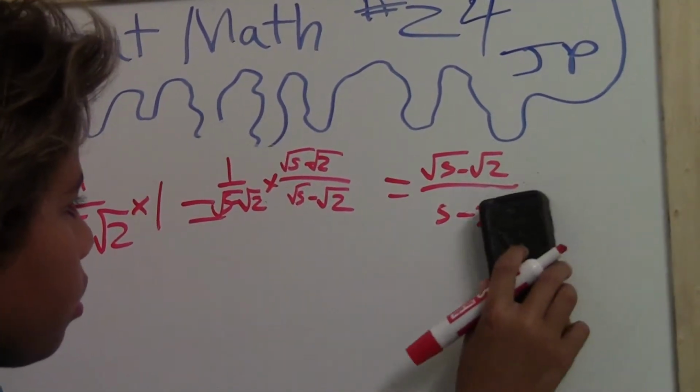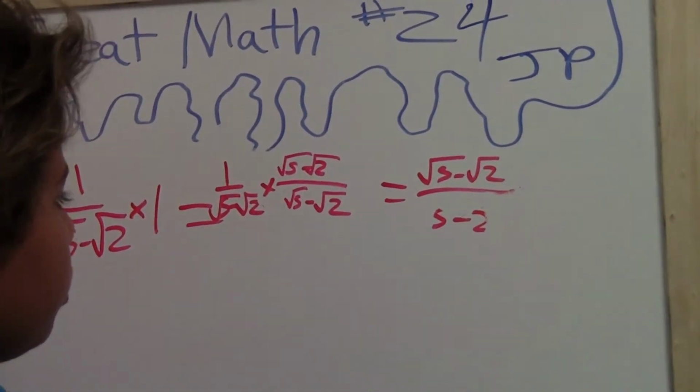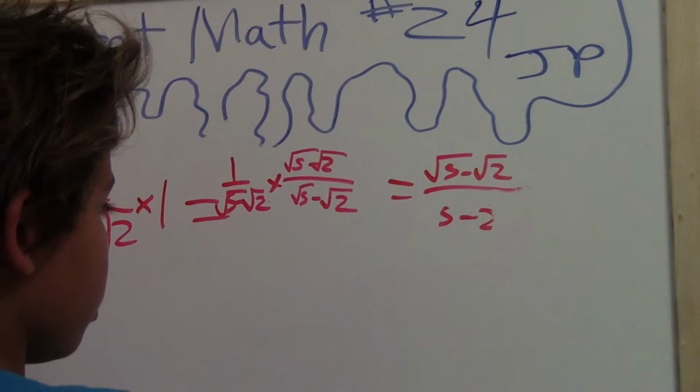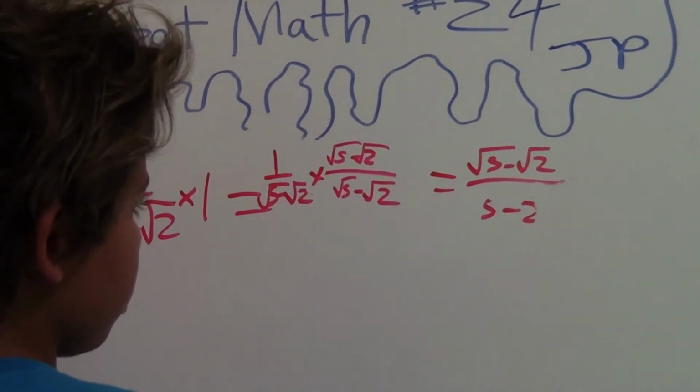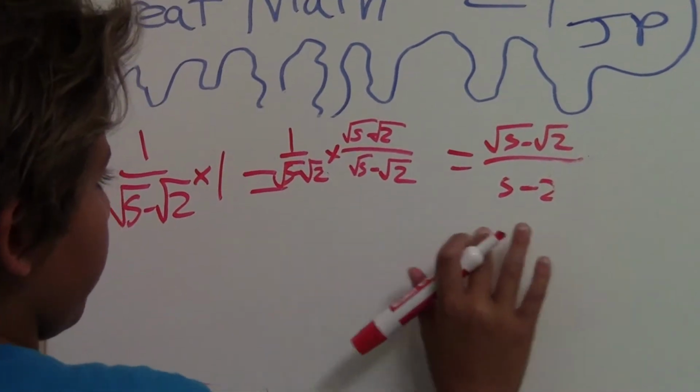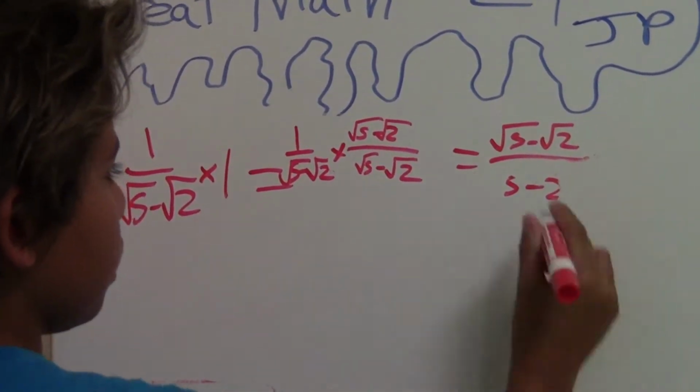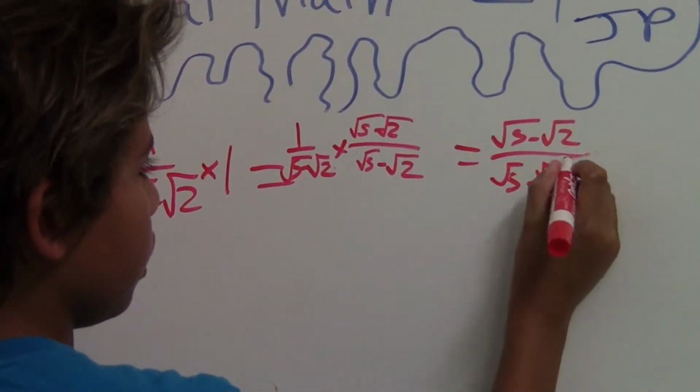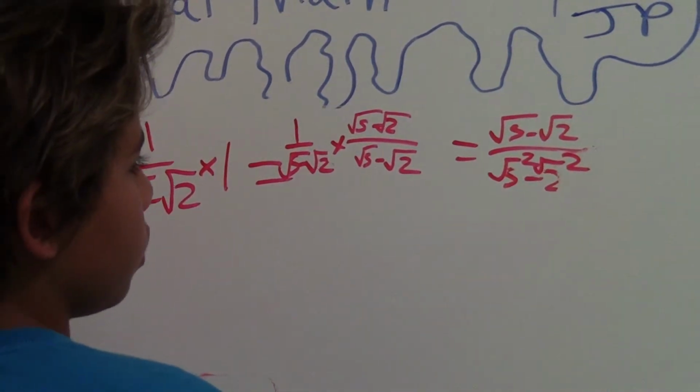Squared is not equal to 5 minus 2, because you remember, square root of 9 plus square root of 4 is not equal to square root of 13. So you cannot do it that way. But I'm multiplying, and each one of them is squared. No, it's not equal to that.